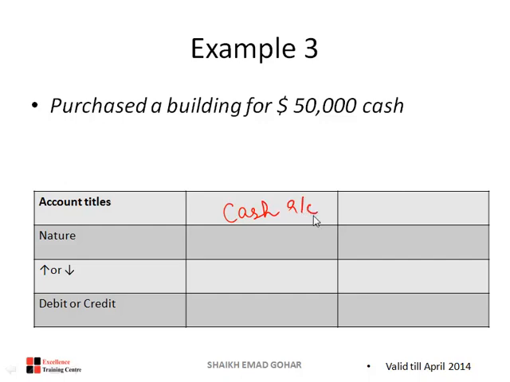The second point you should learn, maybe new for you: when you are purchasing a non-current asset, it is a capital expenditure, remember, you have to use their specific name. Like if I am purchasing a building, you will write building account. If you are purchasing machinery, you will write machinery account. Purchasing motor vehicles, motor vehicle account. Purchasing land, land account. Their specific name you have to use. So in this situation I am purchasing a building.